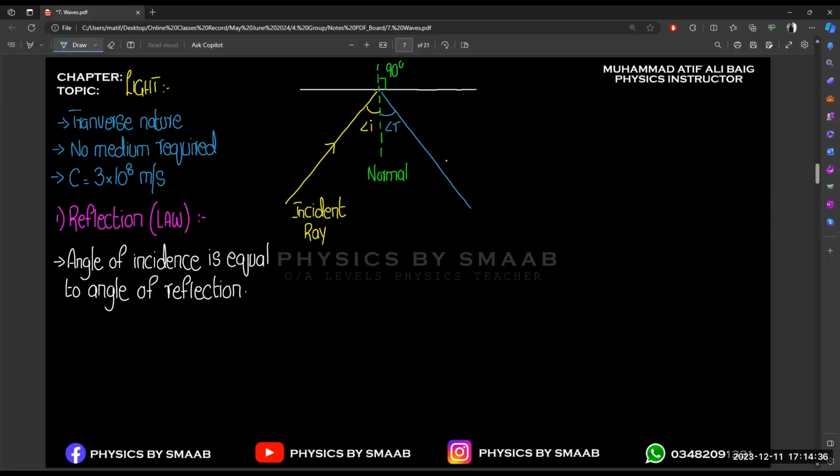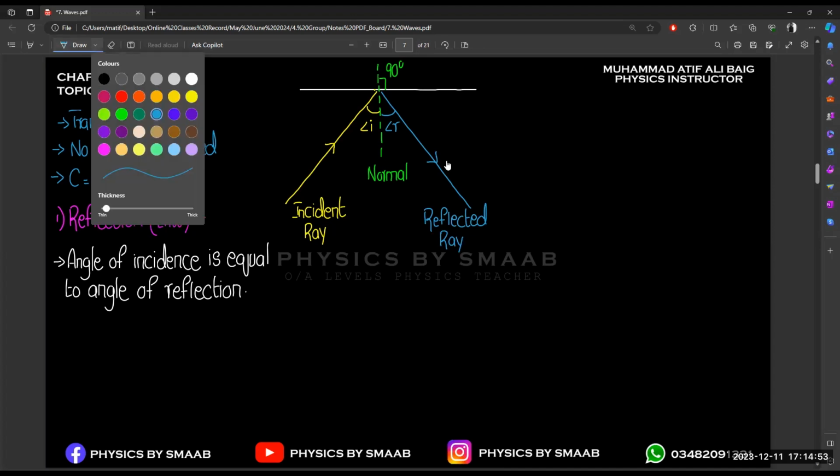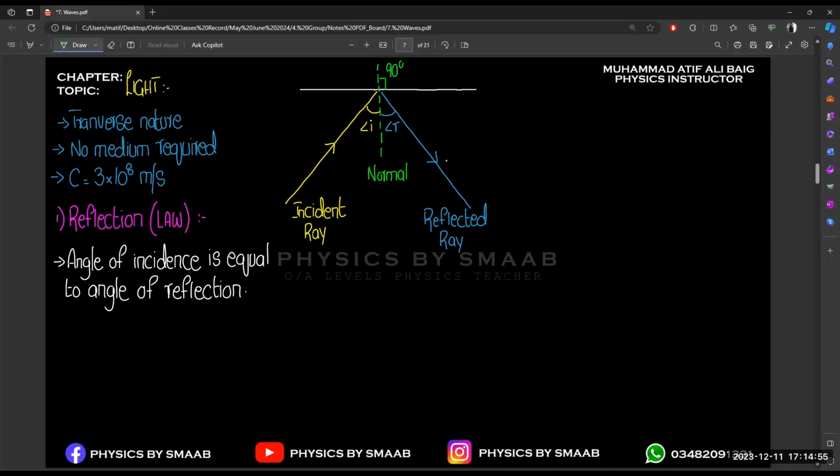This is the angle of reflection, and this is the reflected ray. And the central line is known as the normal ray. So this is the basic idea that we already derived from the ripple tank.